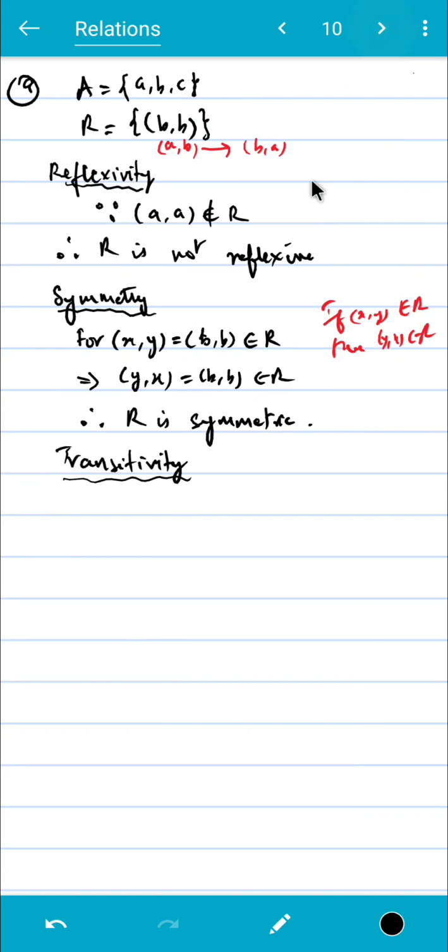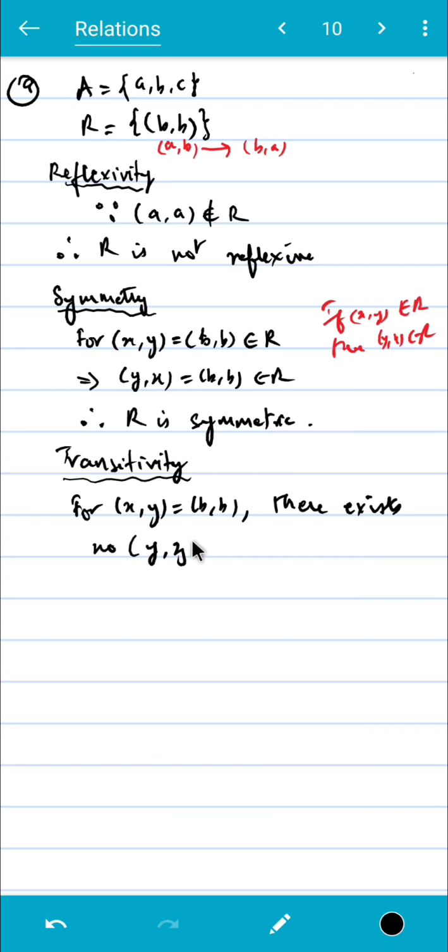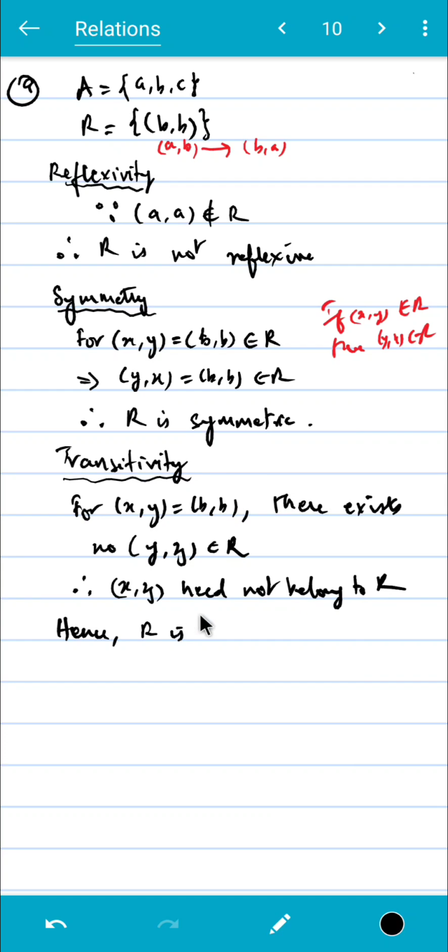Let's write down the answer. For (X, Y) = (B, B), there exists no (Y, Z) belonging to R. Therefore, (X, Z) need not belong to R. Hence, R is vacuously transitive.